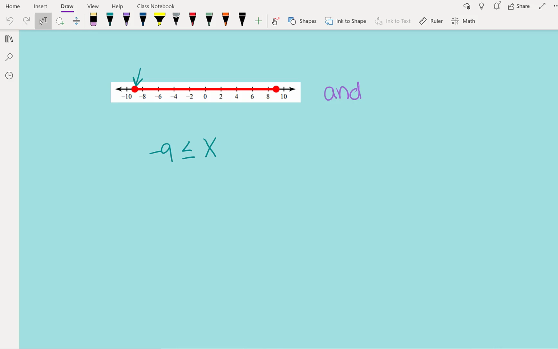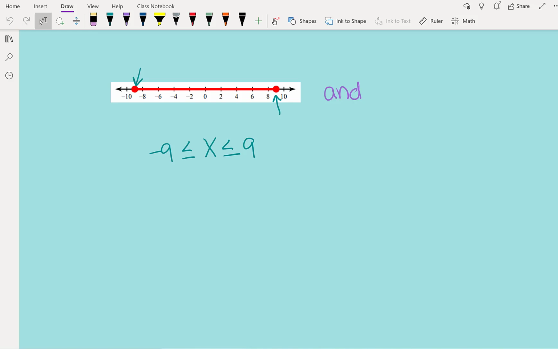And when we write our ands, it's always going to be less than or equal to, always, for both, right? Again, our higher number is also a closed circle, so it's also going to have that or equal to, and then this time it's a positive 9. So our answer goes between negative 9 and positive 9.